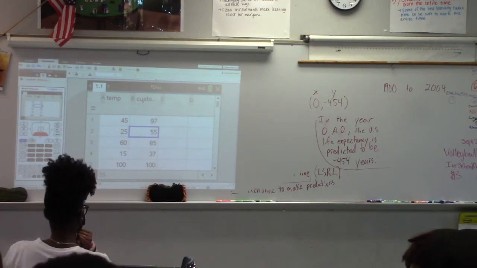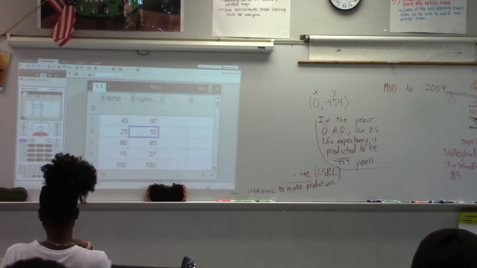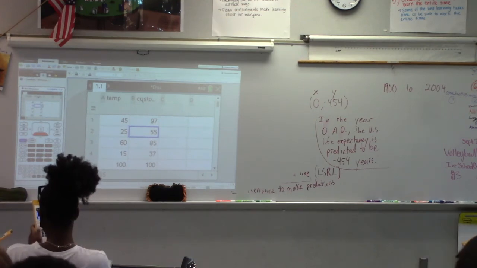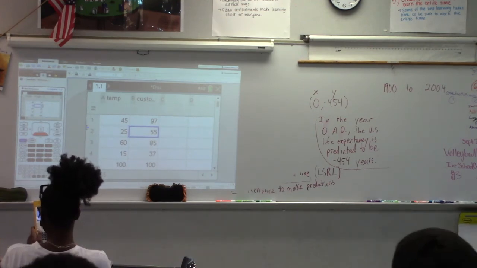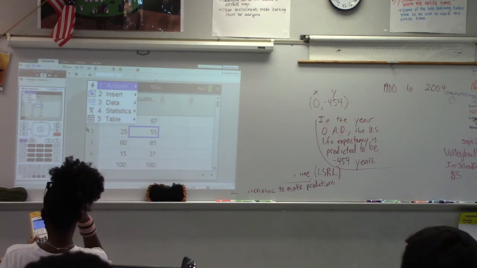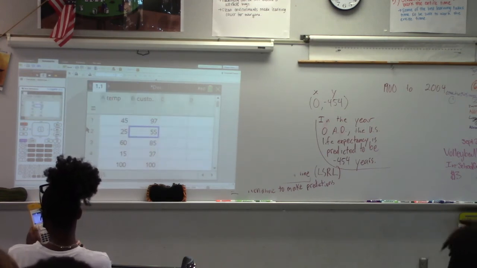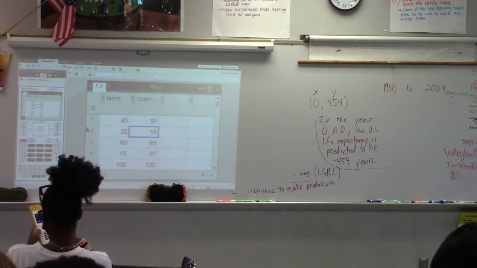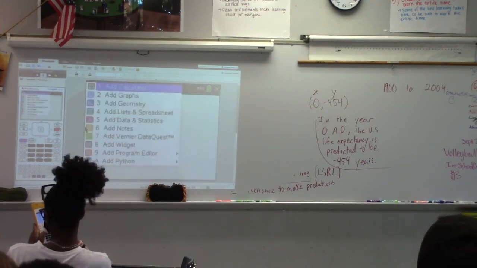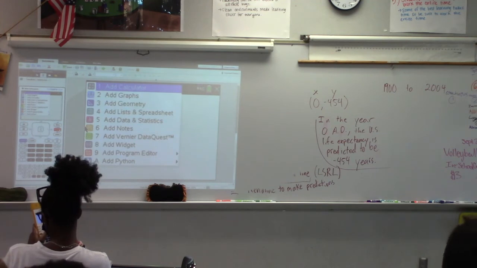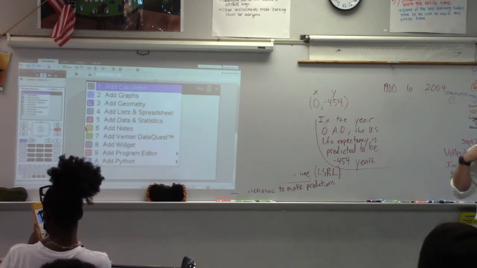A graph, right? So how am I going to create that graph? What page do I need to create? I'm going to go to menu. Whoops, not menu. Menu is not how I create a new page. What do I need to press? Control and doc is where I need to go so that I can create a graphs page for data and statistics.